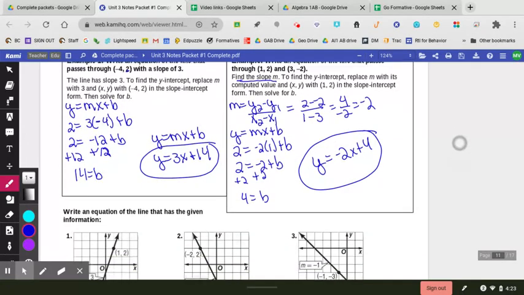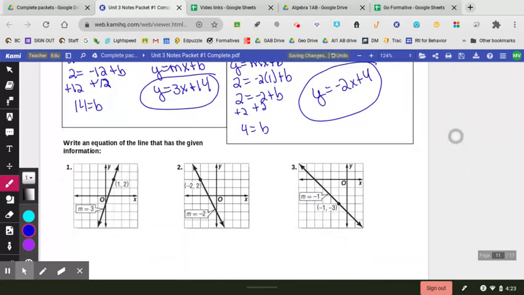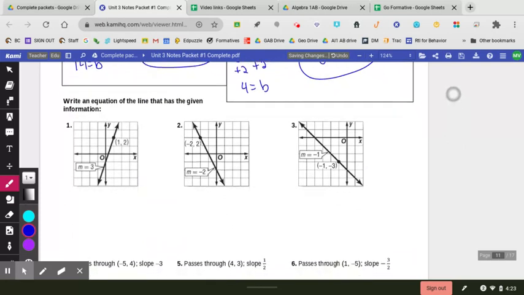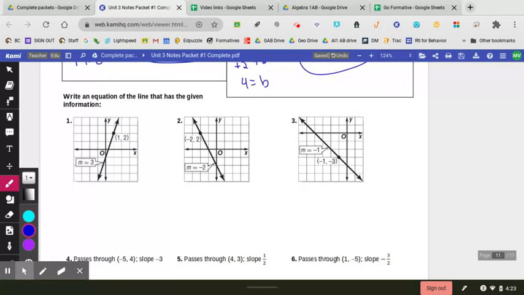So that's our example. So here are a couple that we have graphically, and notice that you can't just pick off the y-intercept for these, for some of them, because it might be right through there, it might not be. So I want you to pause and try these 3 and then come back.